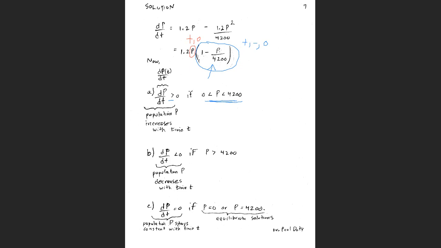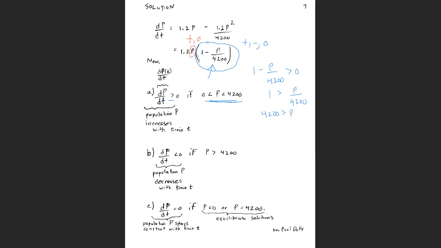But for the second factor, when is 1 minus p over 4,200 greater than 0? That's when 1 is greater than p over 4,200, which is true when 4,200 is greater than p.